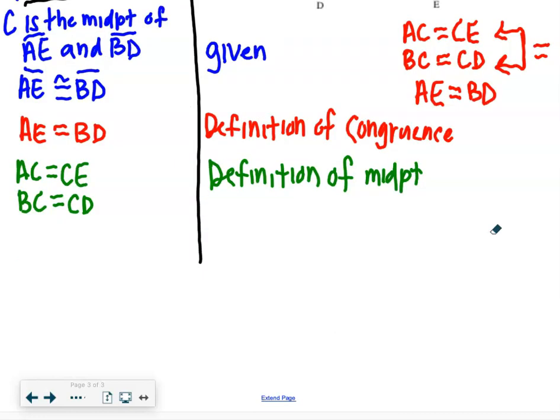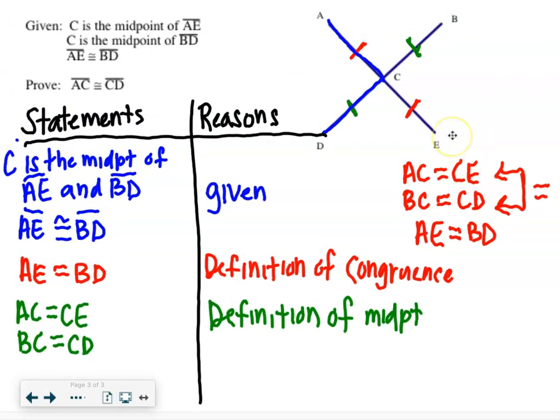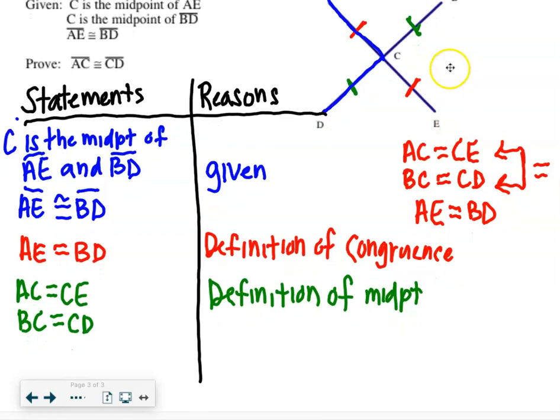Can we show, I'm going to run out of room here. What parts make up AE? So if I do AE, what makes up AE? Well, AE is made up of AC plus CE.